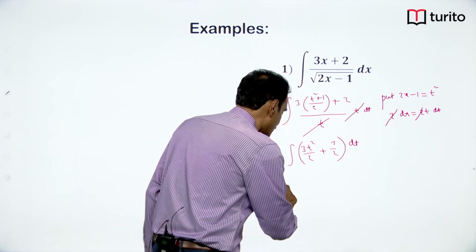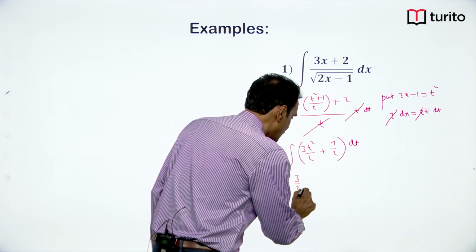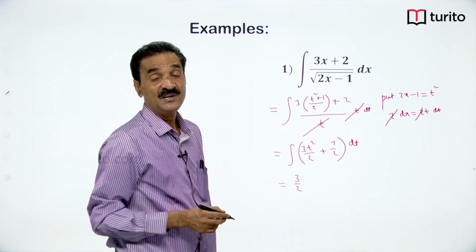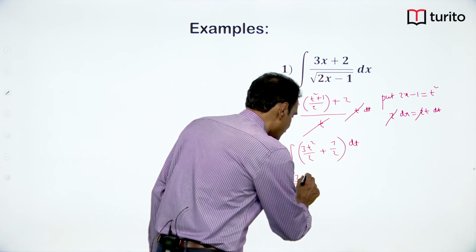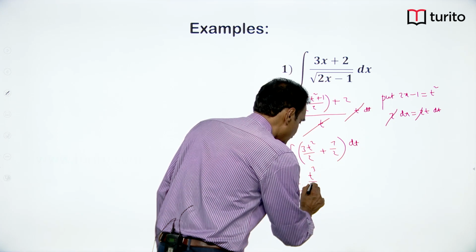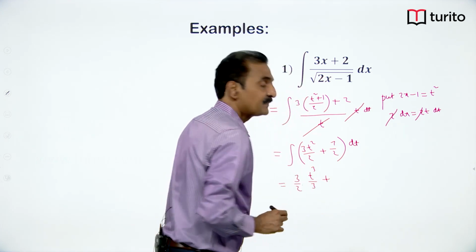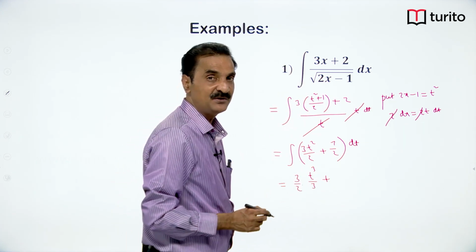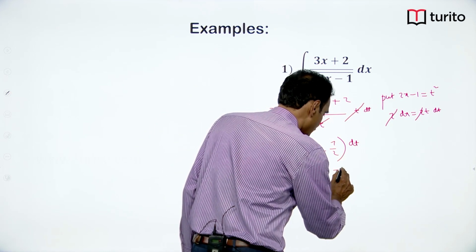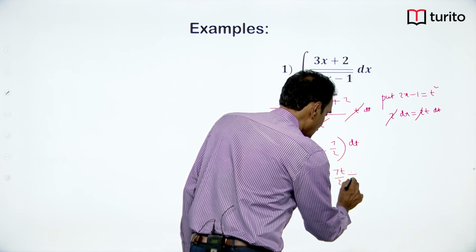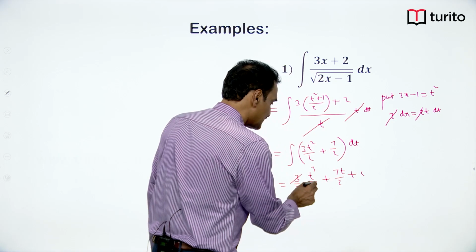Integral of 3/2 into t² is t³/3, plus integral of 7/2 is 7t/2. 3 cancels.